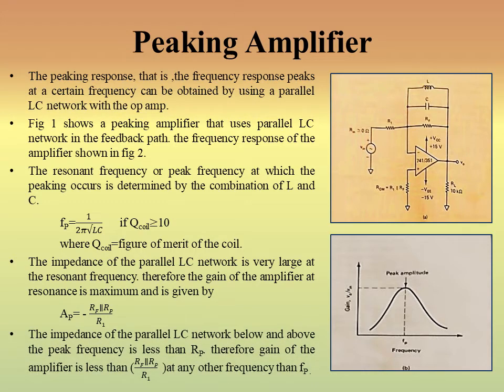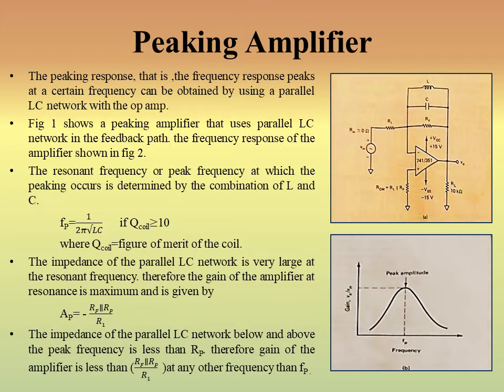The impedance of the parallel LC network below and above the peak frequency is always less than RP. This is the basic property of a parallel LC network: its impedance is maximum at resonance and decreases on both sides. So the gain of the amplifier is less than RP upon R1 at any frequency other than Fp.